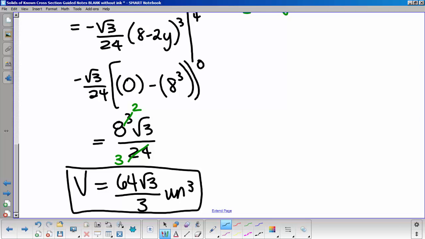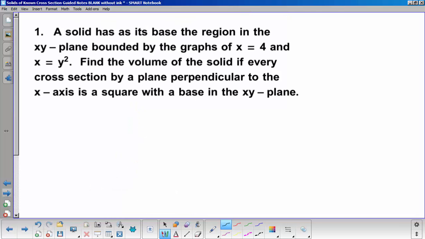Moving right along. A solid has its base in the region of the xy plane bounded by the graphs of x equals 4 and x equals y squared. So we have to draw the area now. Before, the area was drawn for us.